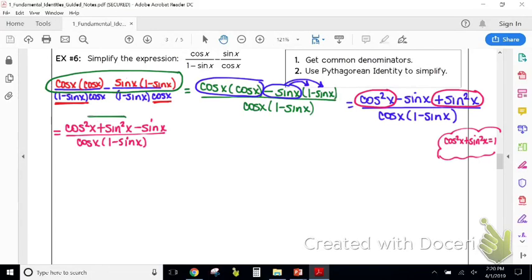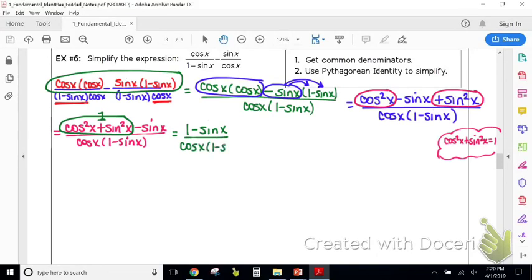And since I could do that, I do have cosine squared plus sine squared, don't I? What is cosine squared plus sine squared equal to? So I can put this whole thing as 1. So now in my numerator, I have 1 minus sine of x over that denominator.